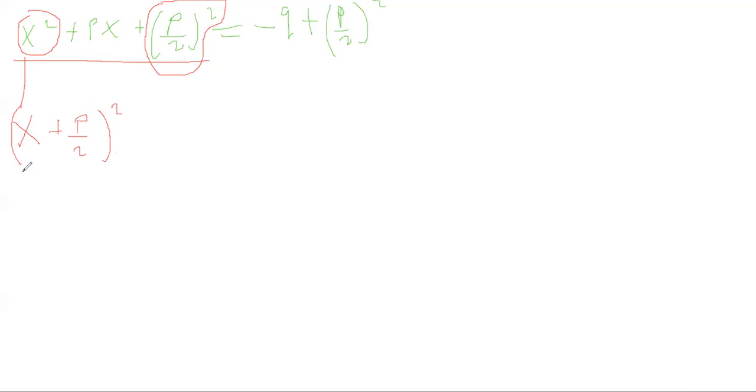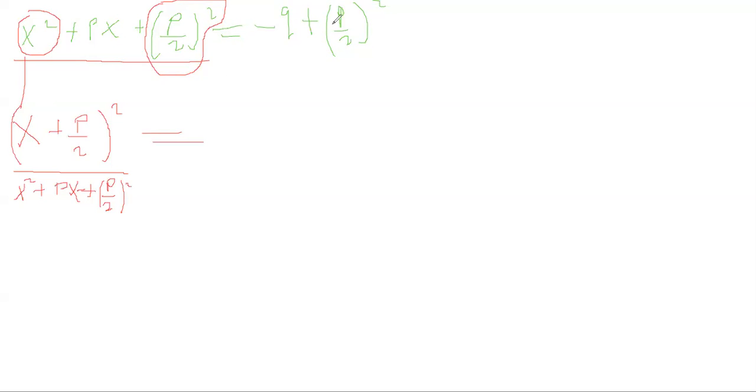If we expand this, we will have what? x raised to the power of 2 plus px plus p over 2 squared. Then we have the equals sign.